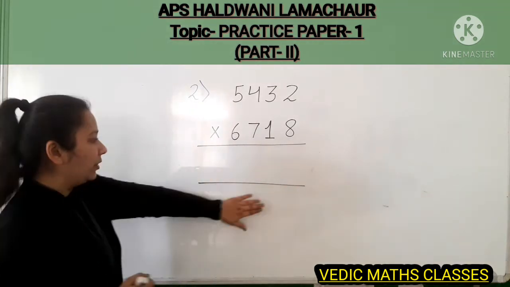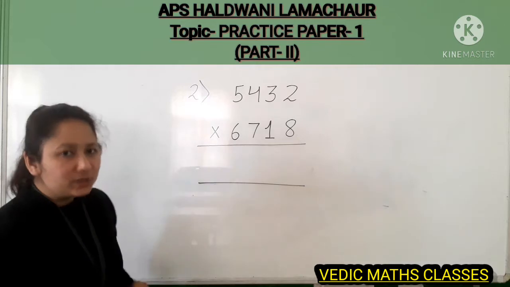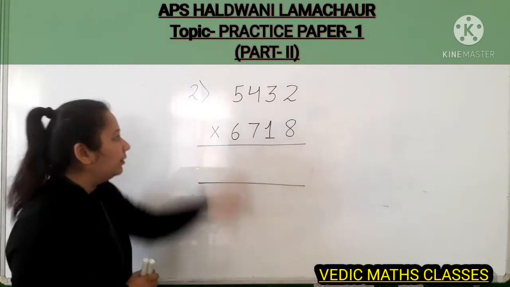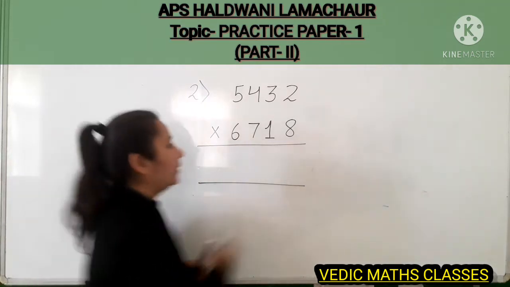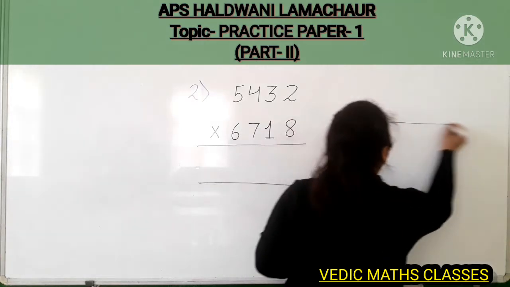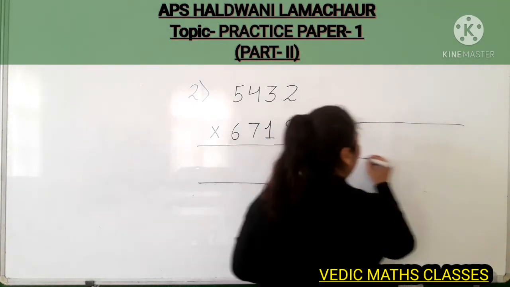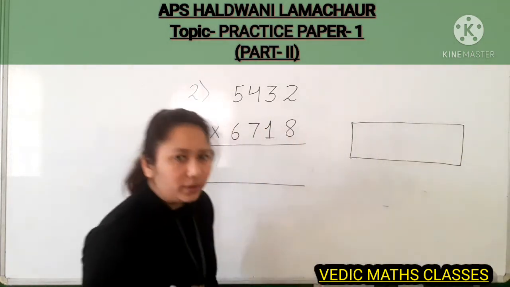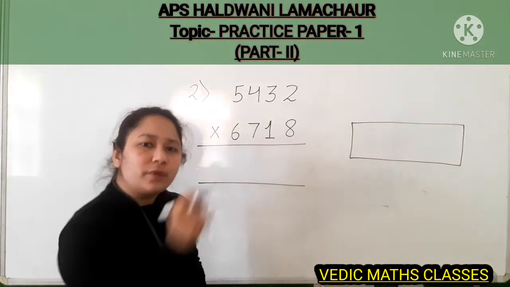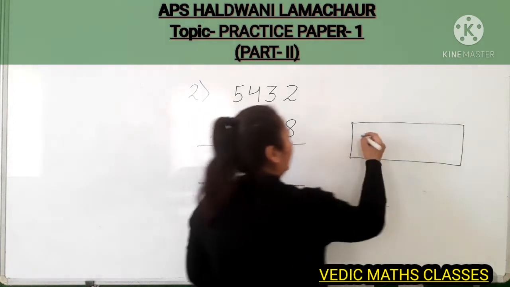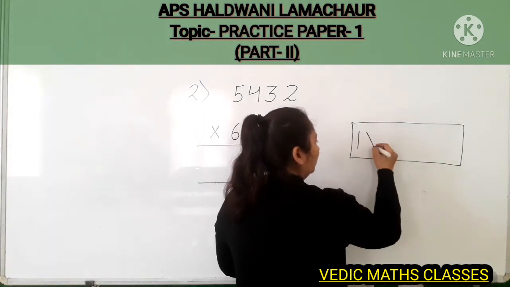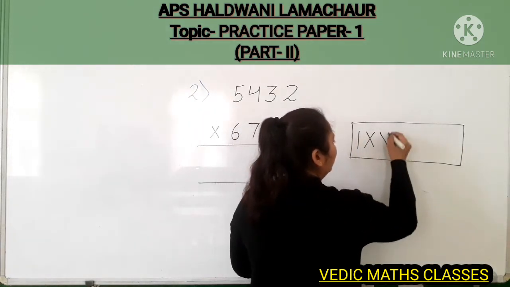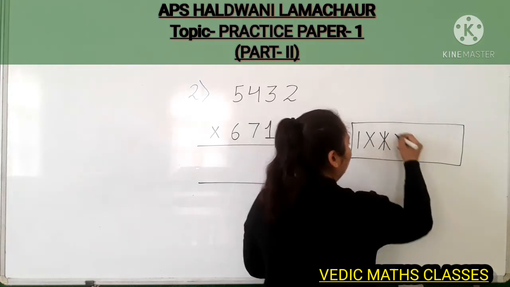Now kids, it's your second sum and as you can see, your sum is a 4-digit number. For 4, just write the pattern. For 4-digit, first of all we will do the counting from 1 to 4: 1, 2, 3, 4.